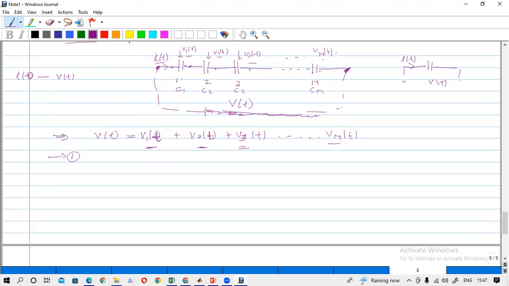So for each capacitor, I use that equation 1.